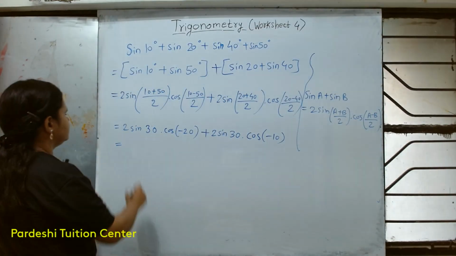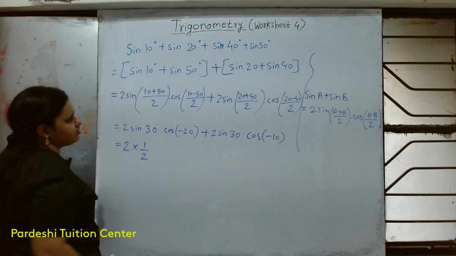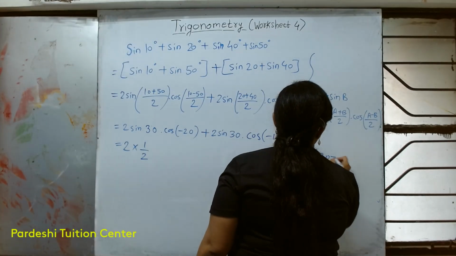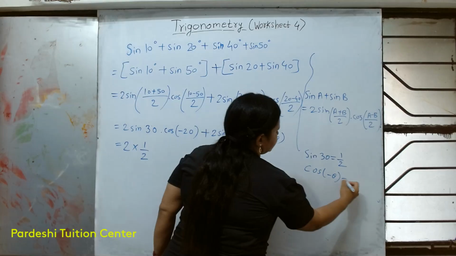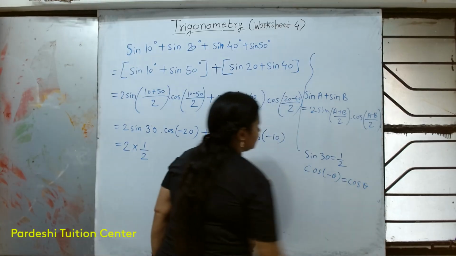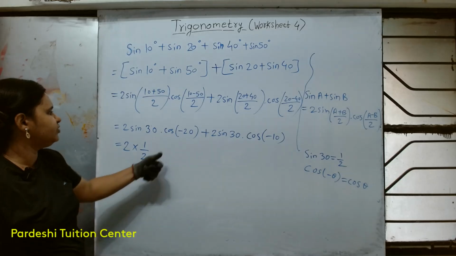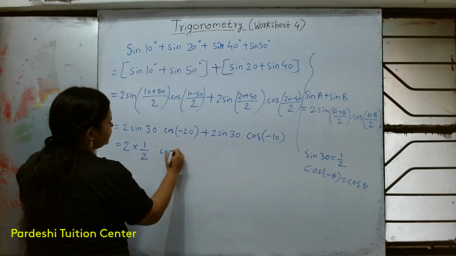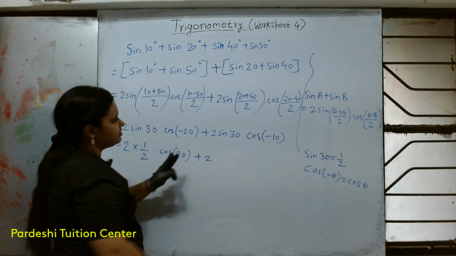Okay. Now sin of 30 is 1 by 2 and cos of minus theta is always cos theta. So I have put the value of sin 30, that is 1 by 2, and cos of minus theta is cos theta. That's why I will write as cos of 20 plus 2 sin 30.